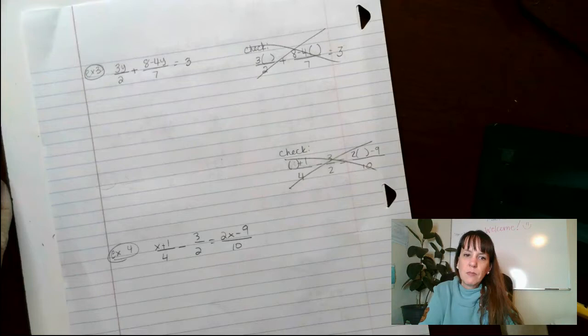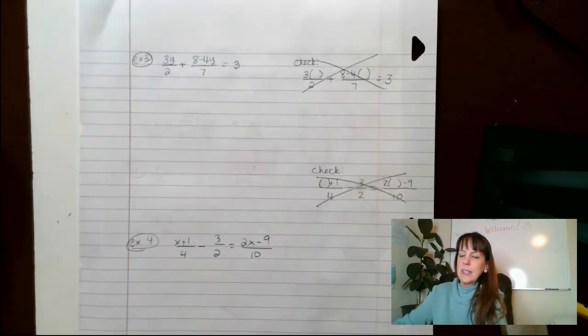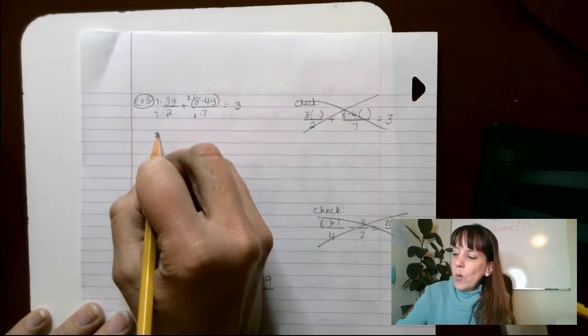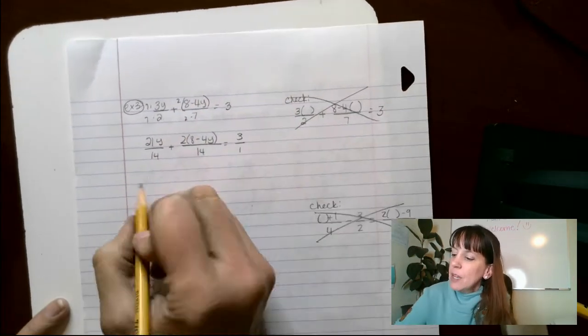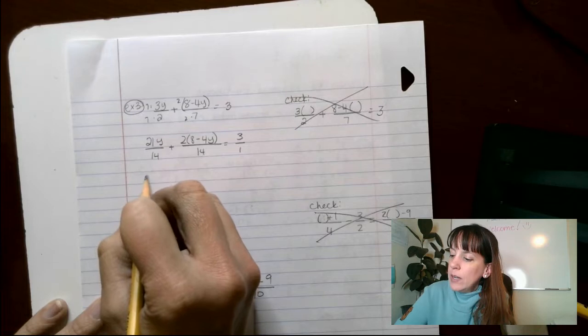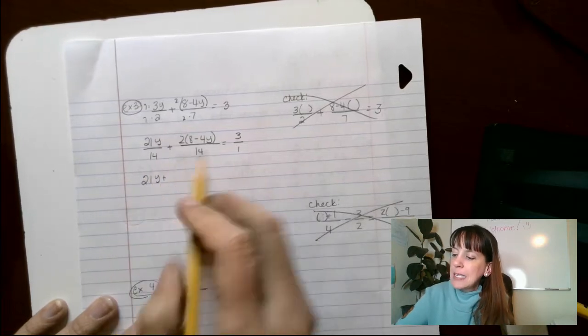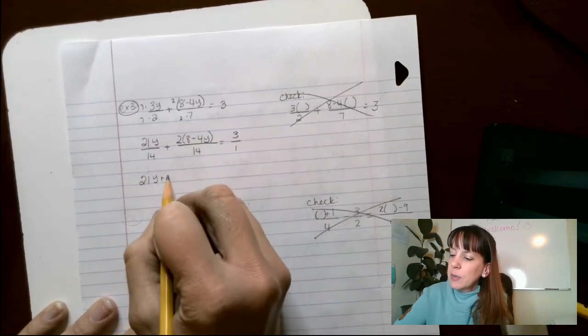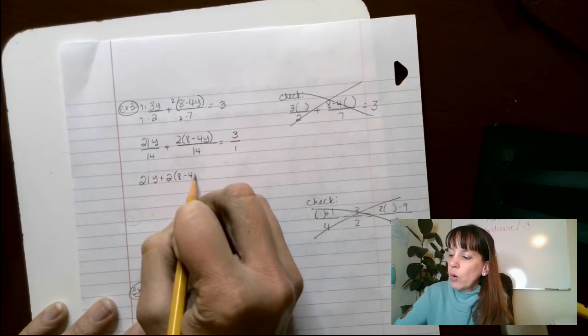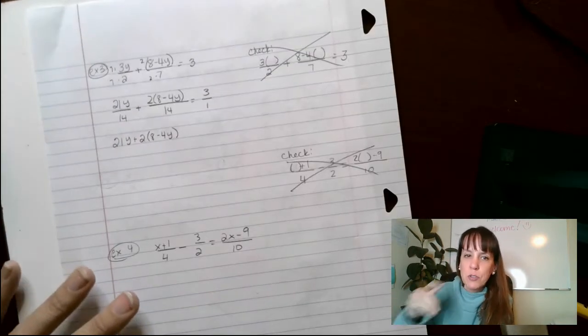We're going to multiply this by 7, this by 7, this by 2, this by 2. So what that will give us is 21y over 14 plus the quantity 8 minus 4y over 14 equals 3 over 1, because we're dealing with fractions, so I'm just going to make it a fraction, make life easier. So what I have now is 21y plus 2(8 minus 4y). Make sure you're distributing. It's a good habit to get into, don't just try to do it in your head.